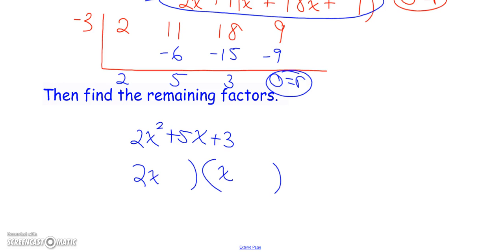You say, all right, everything's positive, so I got to use plus sign. So plus 3 plus 1. You can double check me. That is the correct factored form here. All right, last slide coming up.